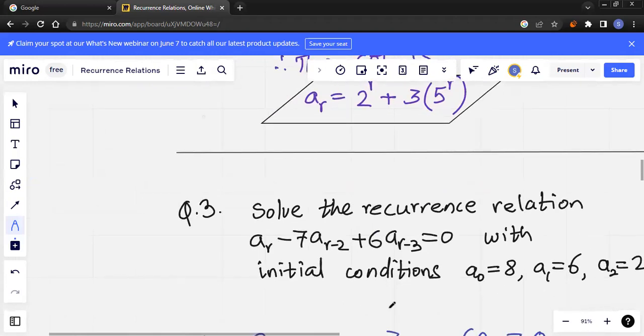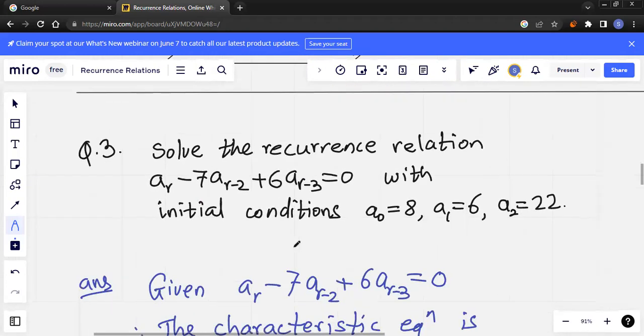Let us move on with one more example of the same kind, where we are having three initial conditions. Solve the recurrence relation a_r minus 7a_(r-2) plus 6a_(r-3) equal to 0.